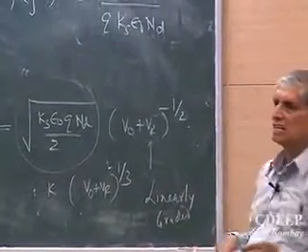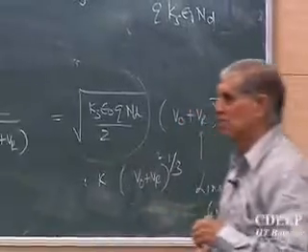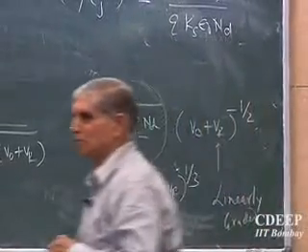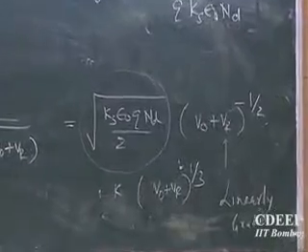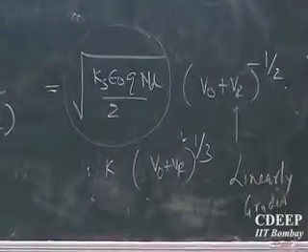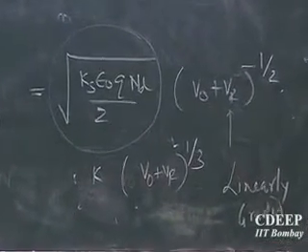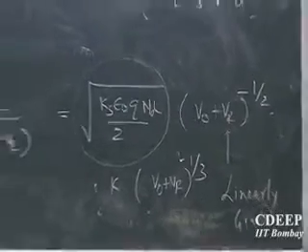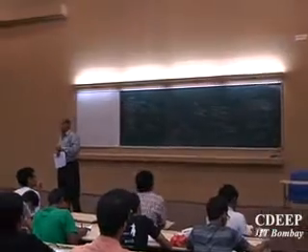For a linearly graded junction, this becomes 1/3. And for hyperabrupt it becomes minus 5/3. So it depends on which device, which profile you have. I can always get a relationship between capacitance and voltage. And if I get that, I have a tuner element design.